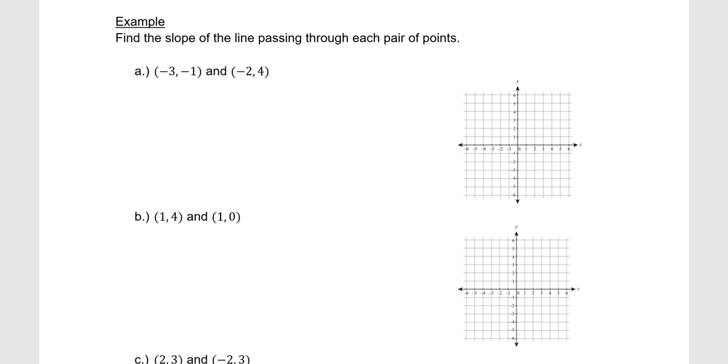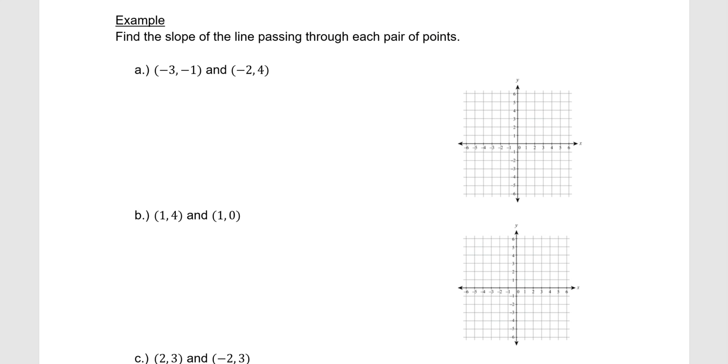Okay, so let's do a couple examples here. Find the slope of the line passing through each pair of points. First one, we have -3, -1, and then -2, 4. So if we plotted that on the graph to the right, they would be right there where I just plotted them. So what we're doing here is looking for the slope. So we're looking for rise divided by run.